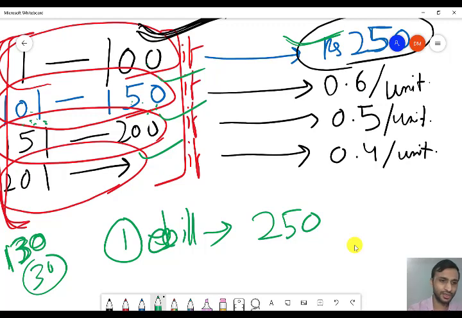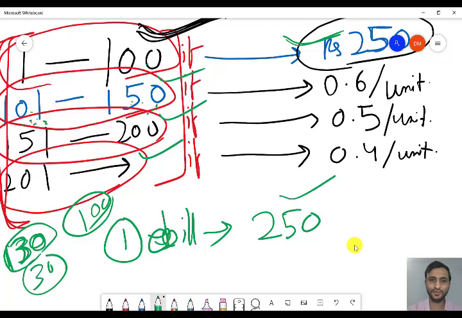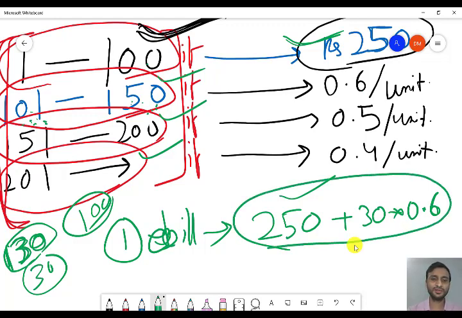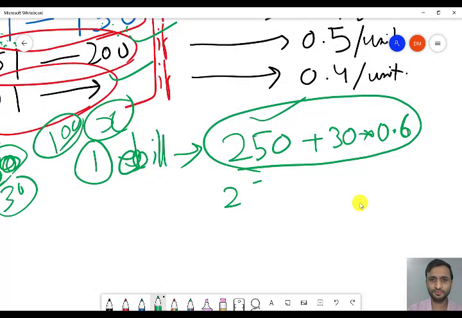So if the total unit consumed is 130, for the first 100 you have already given 250. So what is remaining? 30 is remaining. So this 30 will get 0.6 each. So this is the electricity bill when the total unit consumed is 130. How to know that it is 30? Because here we have given 130, but the user will give X. It can be any unit consumed. So the formula will be 250, that is for the first 100 units, plus X minus 100.